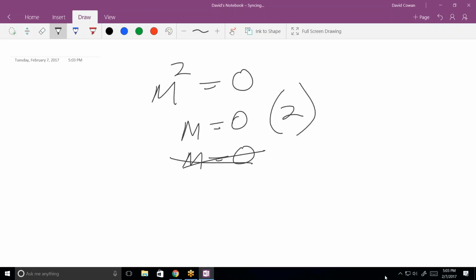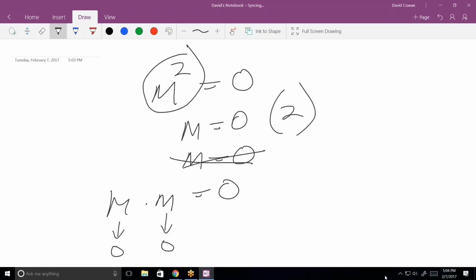Multiplicity will become more important to you mathematically when you get a little higher up into Algebra 2. In Algebra 1, they don't tend to talk about multiplicity. When you have m squared equals 0, that means m times m equals 0, and this one could be 0, or this one could be 0, which appears to be one solution, when in actuality you really have two solutions.